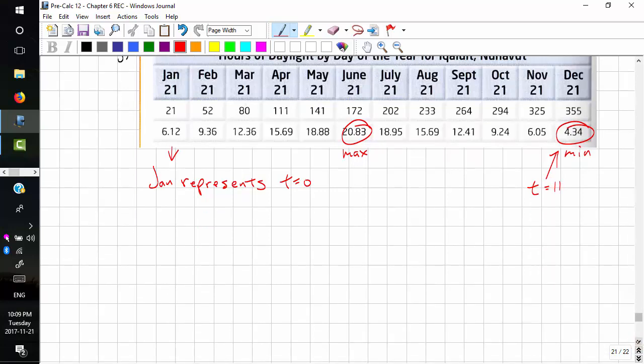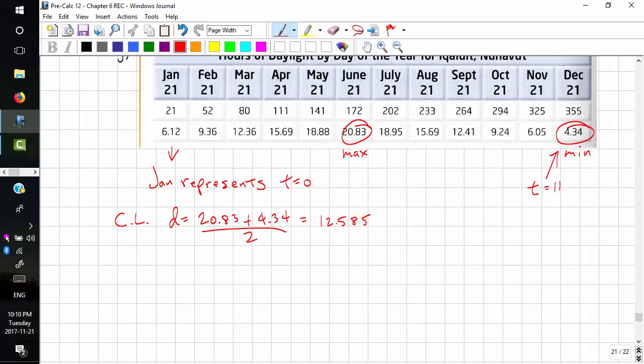So let's calculate the center line and the amplitude. D equals 20.83 plus 4.34 divided by 2. This is the center line. And this works out to 12.585.